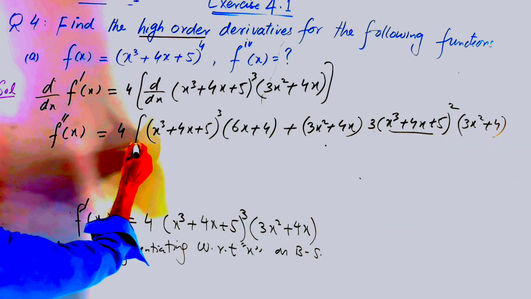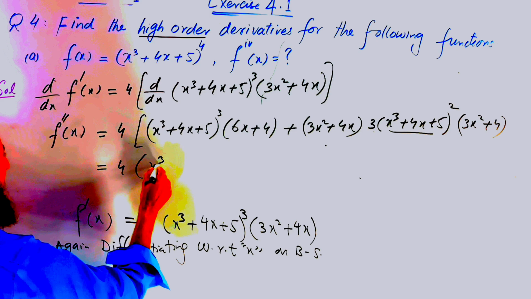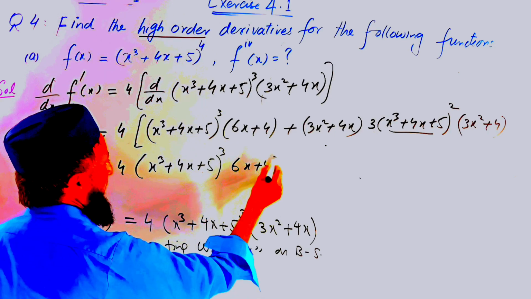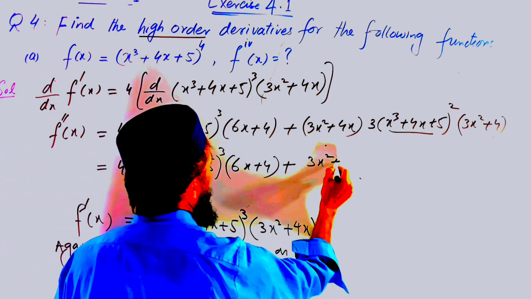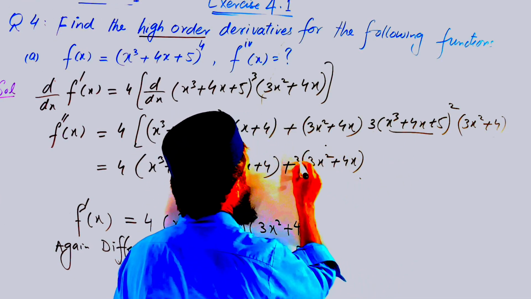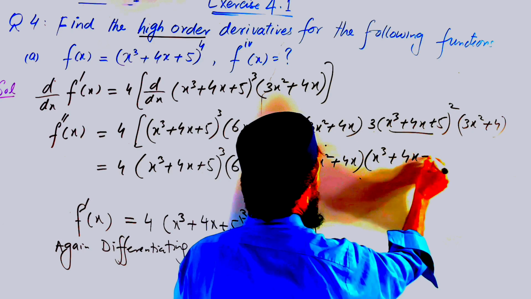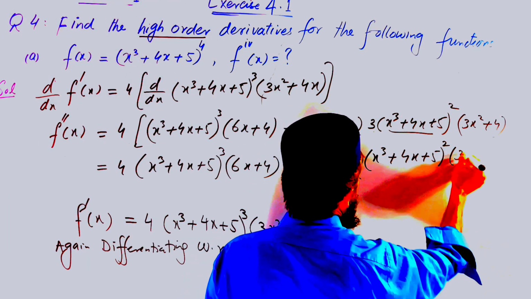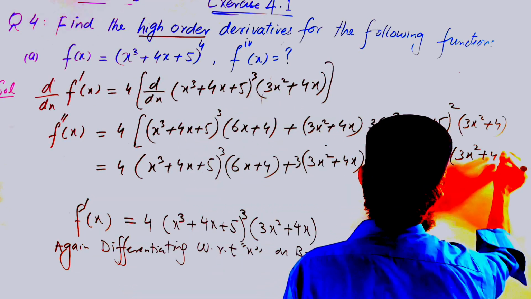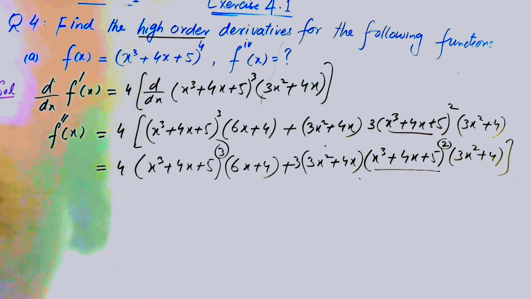Now simplify this term. So we get 4 times [(x cube plus 4x plus 5) whole cube times (6x plus 4) plus (3x square plus 4x) times 3 times (x cube plus 4x plus 5) square times (3x square plus 4)]. Also, the square is available, so we take it common from here.